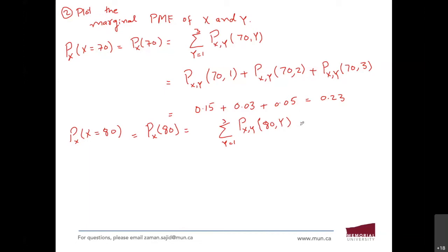Now once you open this and find the values from the table, you will get your answer as 0.20.